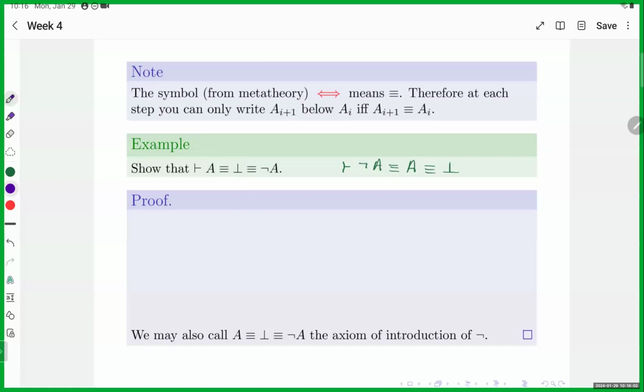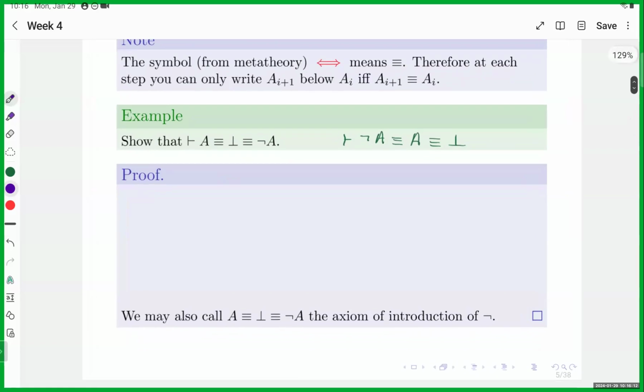In a Hilbert style, it's going to take you like 3 or 4 steps to use equanimity and symmetry and so on. But it's a lot easier when you write an equational style proof for this. Start with the formula that you want to prove.